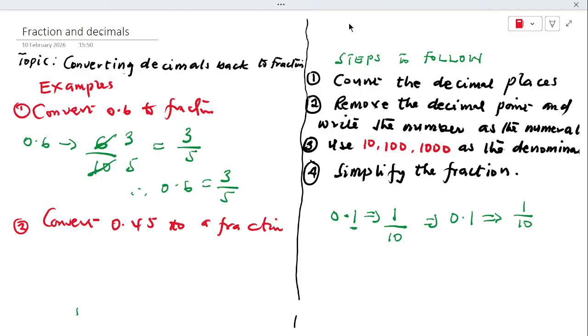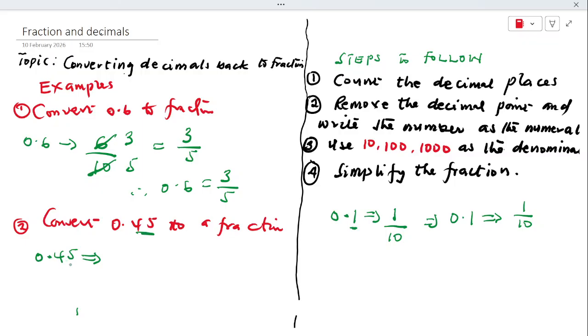So now 0.45, you first ask yourself, looking at the steps, how many decimal places do we have? 2. So it has 2 decimal places. So now, since it has 2 decimal places, you know what to do. Now you write your 0.45. Then because it has 2 decimal places, now you remove the decimal point. That's the first step. Remove the decimal point.